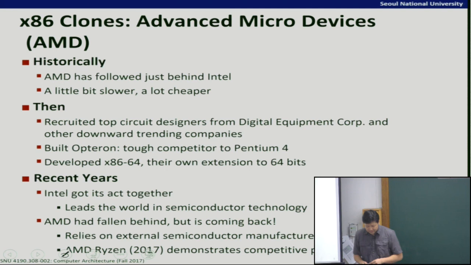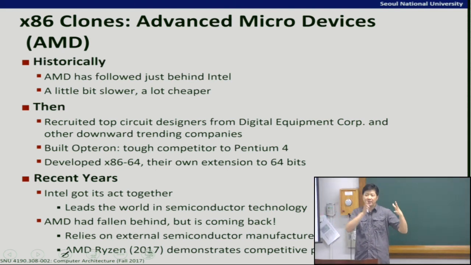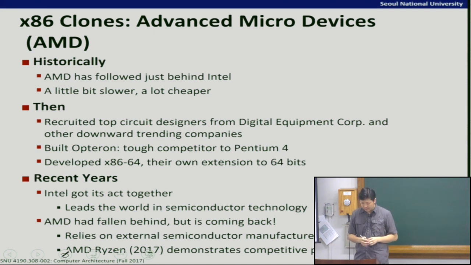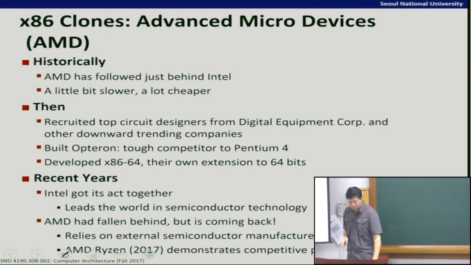They also developed x86-64, which was the first 64-bit extension of IA32 introduced to the market, so they actually dominated at first. They had a much larger market share, but recently Intel came back to reclaim the market. Intel leads the PC market. They dominated, with pretty much over 90% market share over the world. And AMD had fallen behind, but it's coming back.